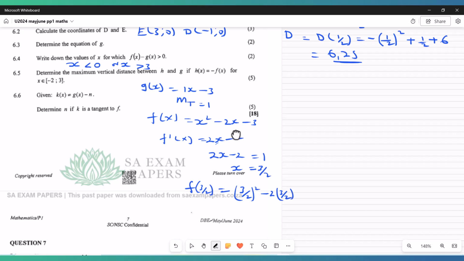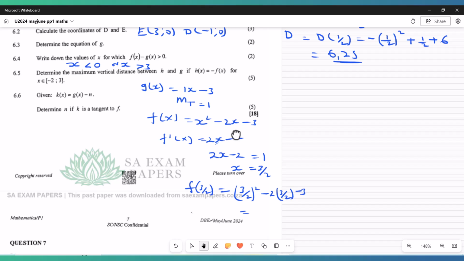And then minus 3. Which answer do we get here? Let's check it here. That is 1,5 squared minus 3 minus 3, which gives us negative 3,75.